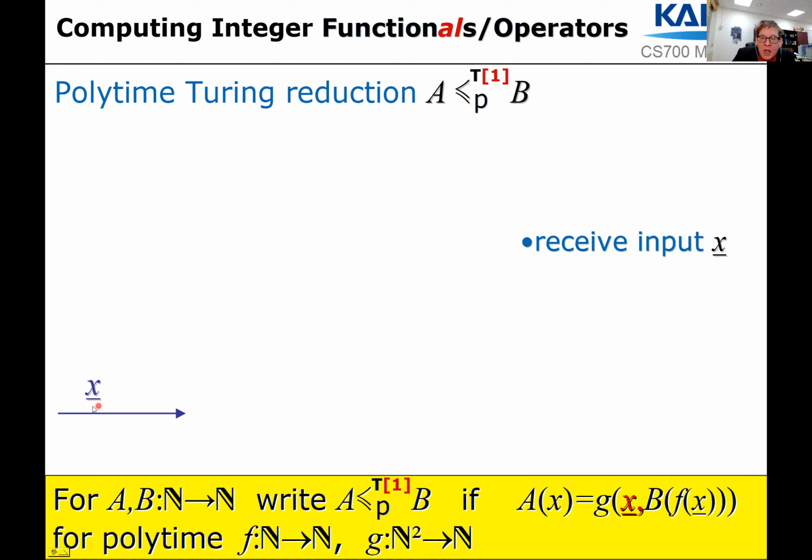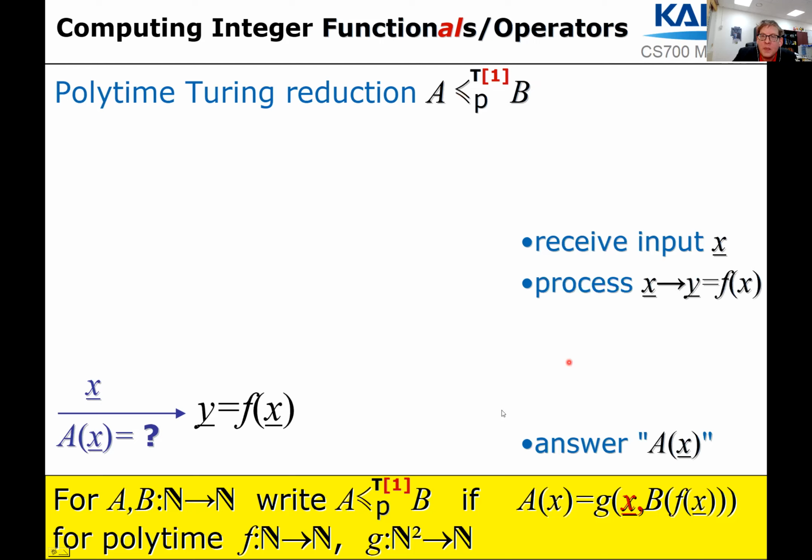So there's an integer input x, and we want to calculate A of x, the value of this integer function A on input x. And now, generalizing ordinary computation, we can make use of the additional integer function B in order to compute A in the following way. First, we process the integer argument x according to the translation F to obtain a new integer y.